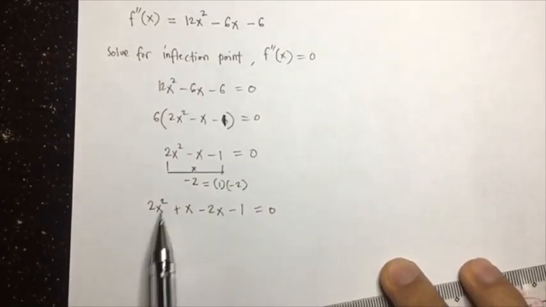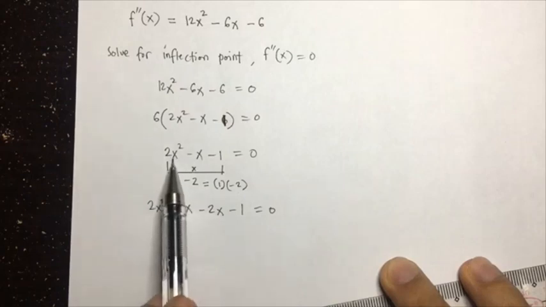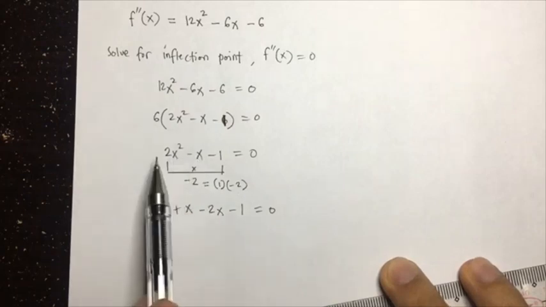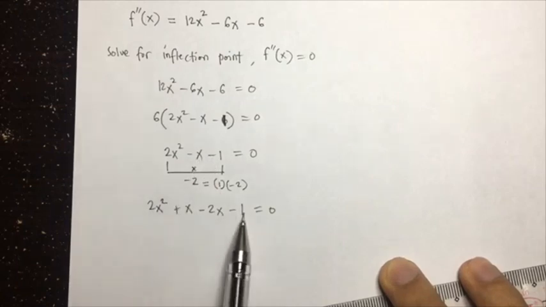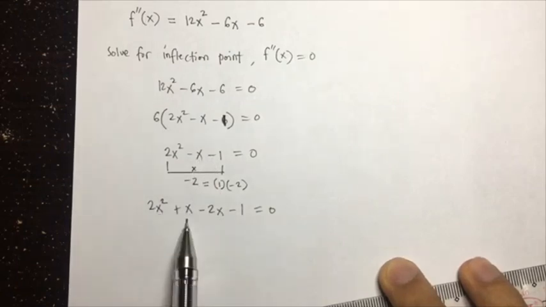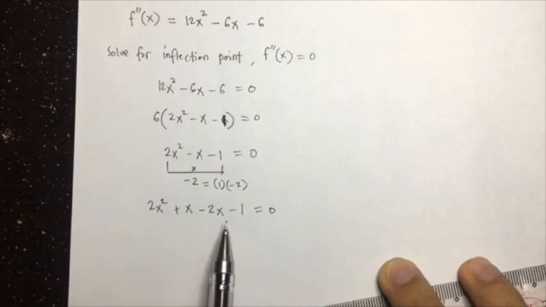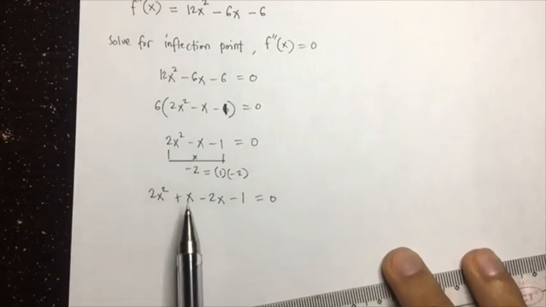So this is still the same as this. If we simplify this, it's still equal to 2x squared minus x minus 1. But here we separated negative x into plus x and minus 2x so that we can group them and then factor them later on.